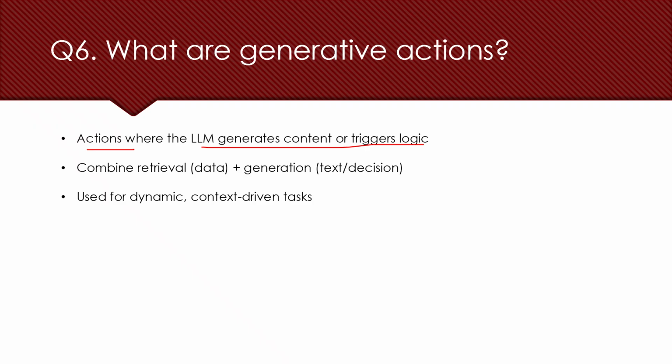The actions combine the retrieval of data and generating the decision, like generating a ticket. They are used for dynamic and context-driven tasks. So if someone asks to generate a ticket, it will run some steps. Ultimately, by using the ticketing API, it will generate a ticket in the system.